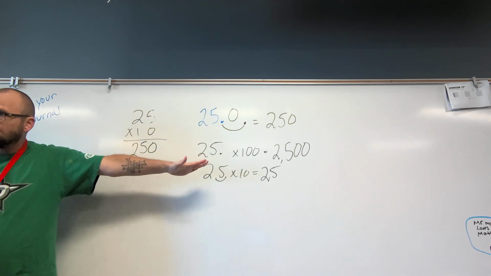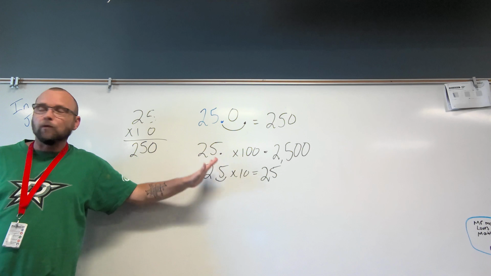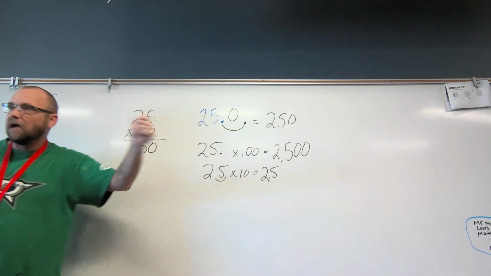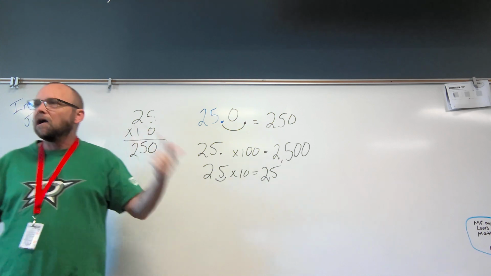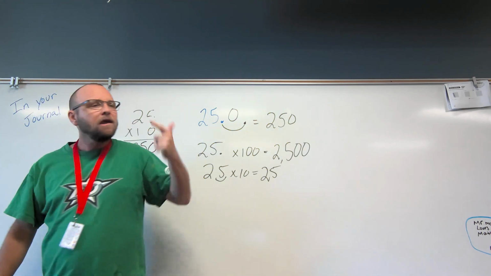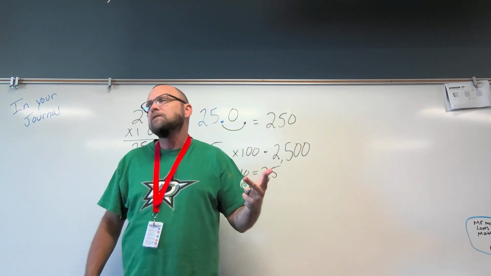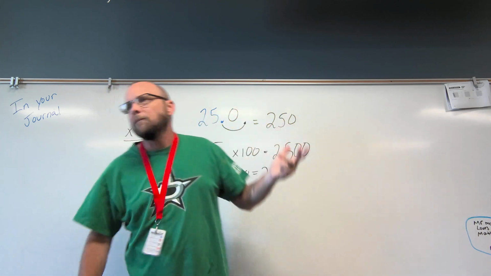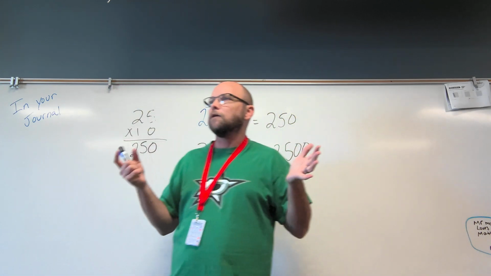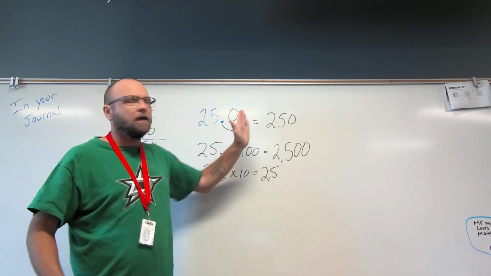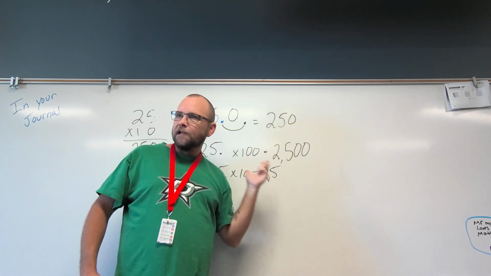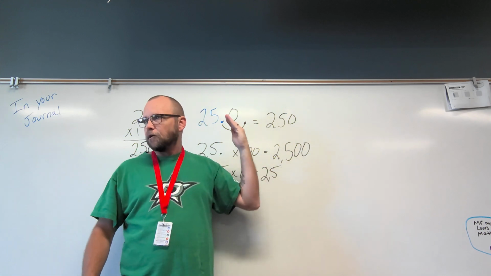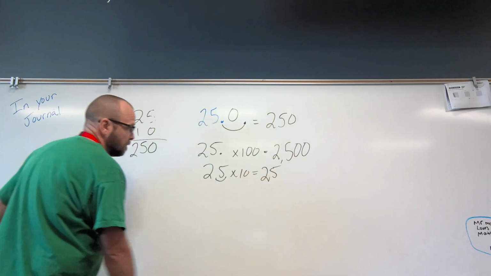And all you're really doing is moving the decimal point to the right 1 place. Anytime you multiply by 10, it goes to the right 1 time. By 100, the decimal point goes to the right twice. By 1,000, it goes to the right 3 times. I mean, it's basically just the number of zeros that are there. But if we know our place values, that's why. Because we're making it 10 times bigger. And each place value is 10 times bigger. So we're making it 10 times bigger.